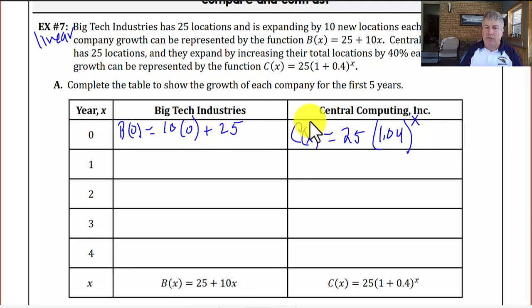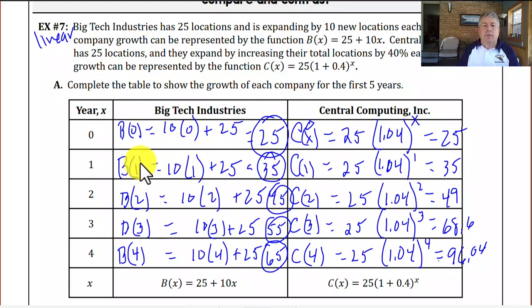So when x is 0, c of 0 equals 25, and b of 0 also equals 25. So these are both starting at the same place. But now you'll see the difference between a linear increase and an exponential increase, especially when our base is greater than 1. This is going to end up going up faster. So let's take a look at the stats.